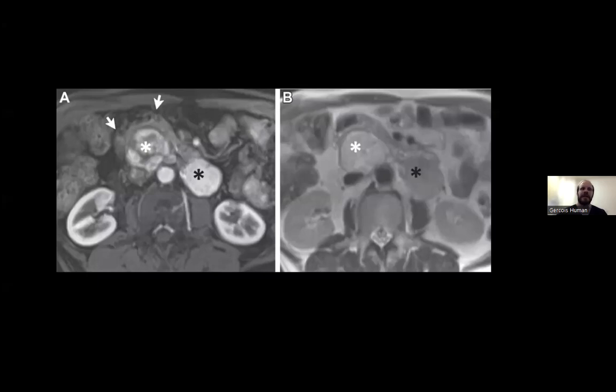So this is a patient with multiple paragangliomas, a 36-year-old with MEN2 syndrome. The left image was an arterial phase T1 sequence. It shows this white aspect in the pancreatic duodenal groove. You can see quite heterogeneous enhancement, again displacing the pancreas anteriorly.